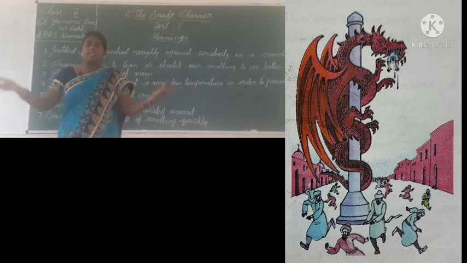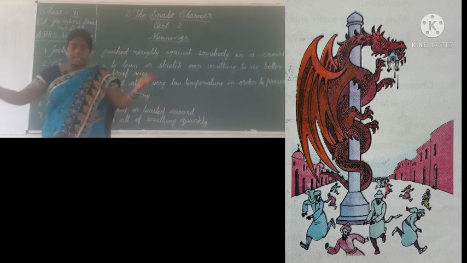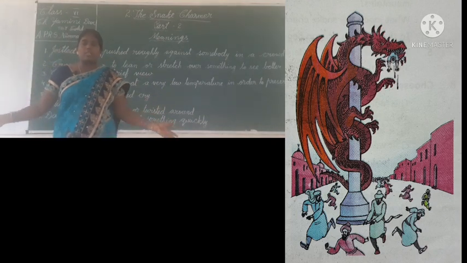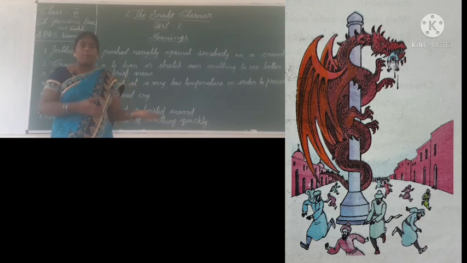They started running away like anything, pushing one another in panic. So it was a panic situation, a very fearful, terrible situation, because it was a dragon, not even a snake, or a puppy, or a dog, or a horse. It was a dragon. It was so dangerous.